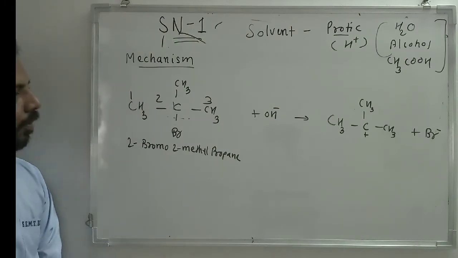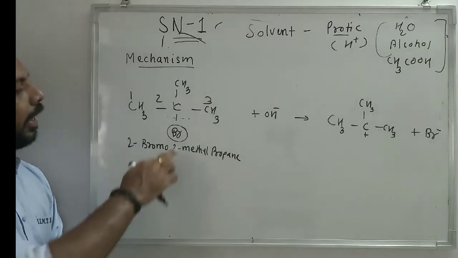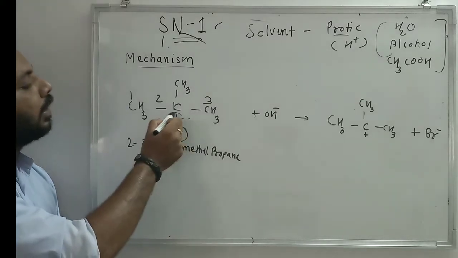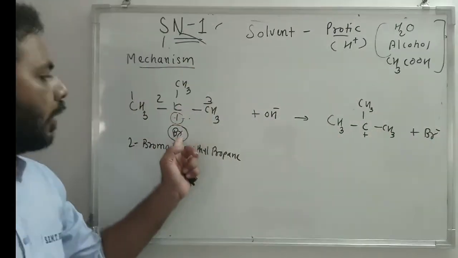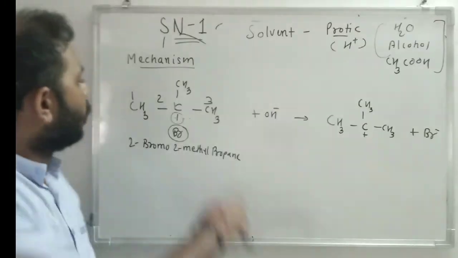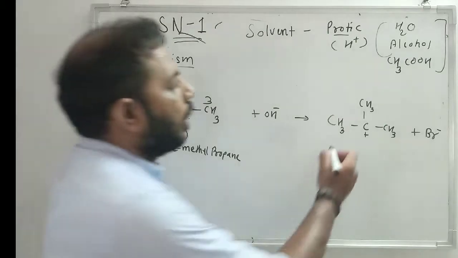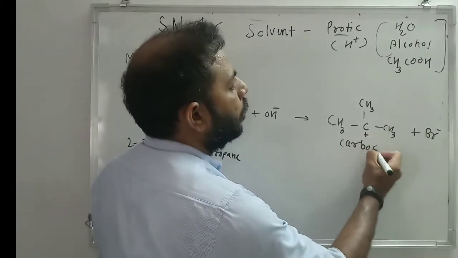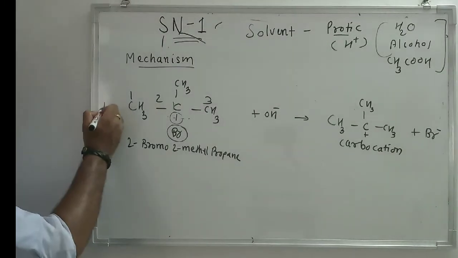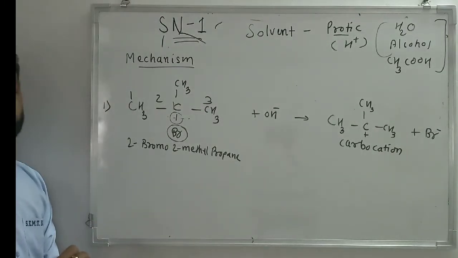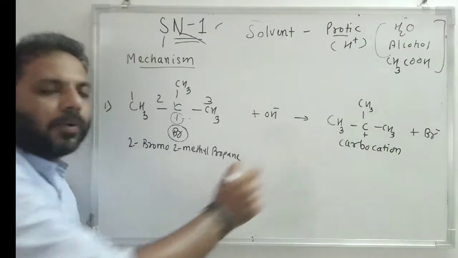Why is tertiary carbocation formed? Because bromine ion is removed and it is taking both these electrons. So bromine ion is removed by getting these 2 electrons. So bromide ion is released. So there is no electron over here. So there will be positive charge, and that is why carbocation is formed. So in first step, there is release of halogen and formation of carbocation.